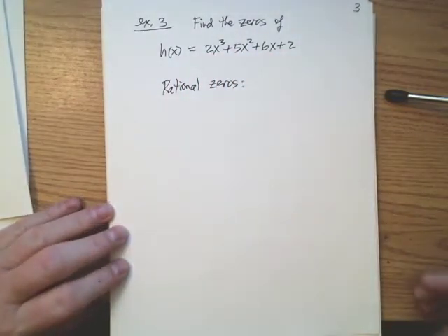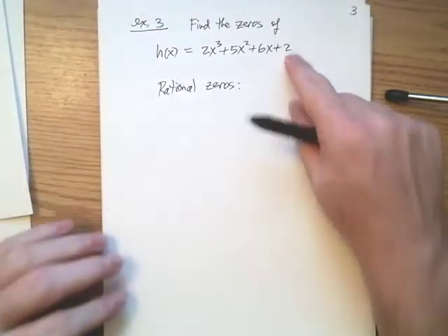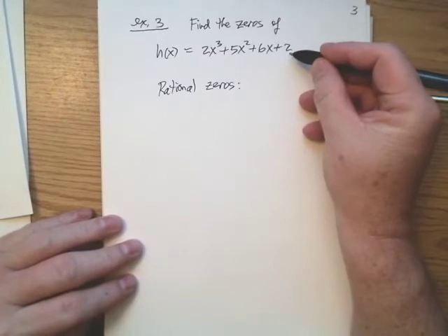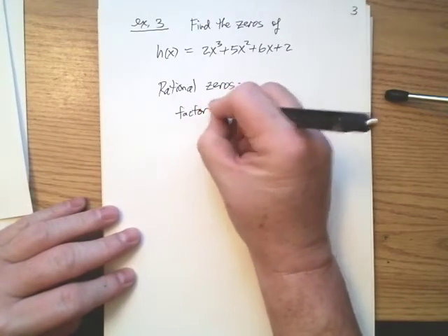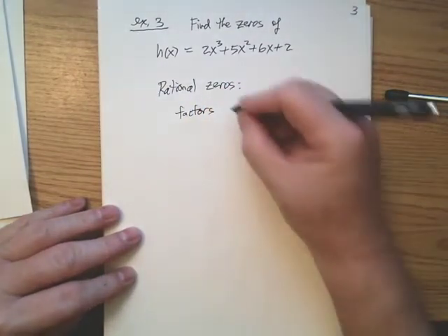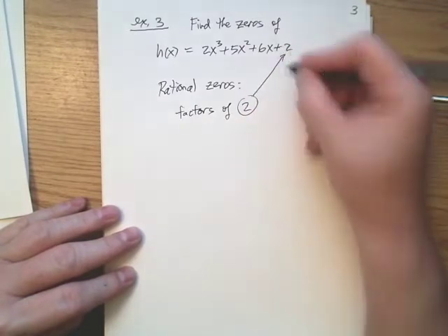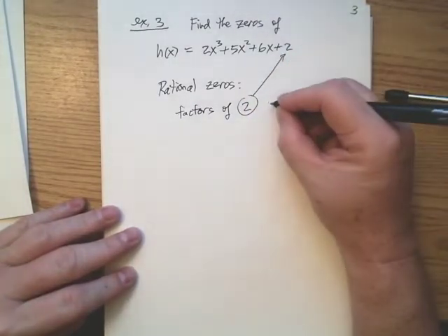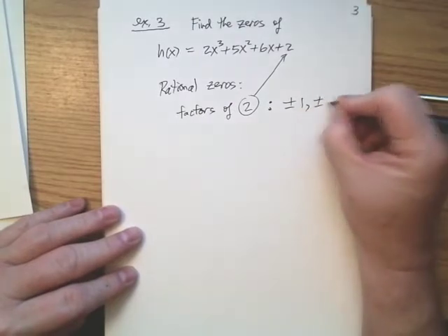Okay, do you remember how it goes? In this case, it wouldn't matter what order I do these in, because the leading coefficient and the constant term are exactly the same. But I'm going to go factors of what should it be first on top? Factors of 2, the constant term here. Okay, what are the factors of 2? Remember, these are integer factors, so it's plus or minus here.